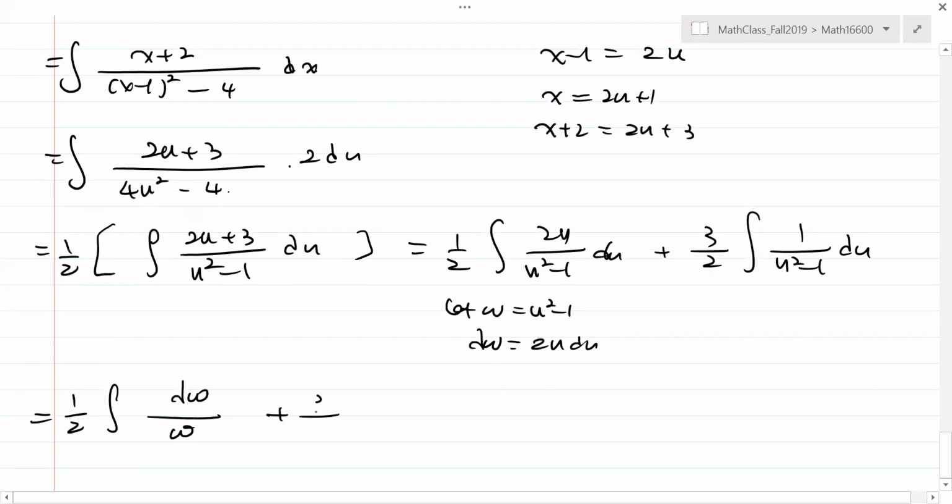And for the other one, I need a formula. The integral of 1 over u squared minus 1. I know it's a natural log. I think 1 plus u is on the top and 1 minus u at the bottom.